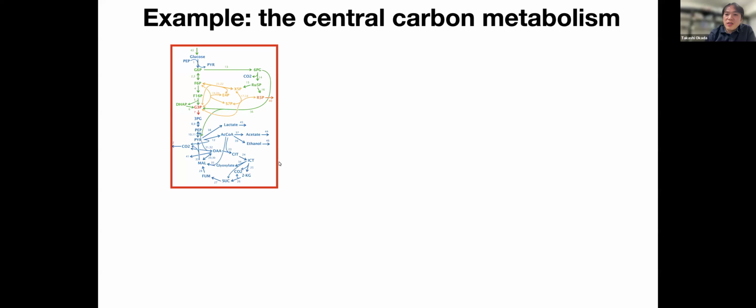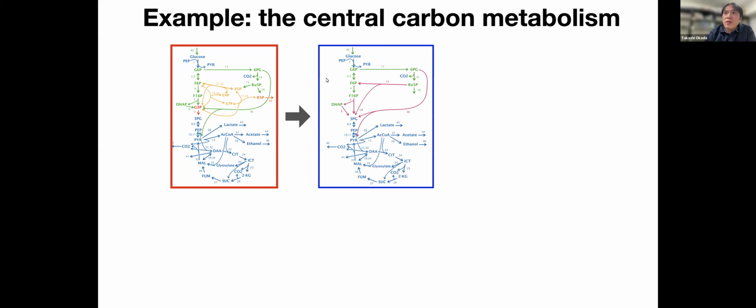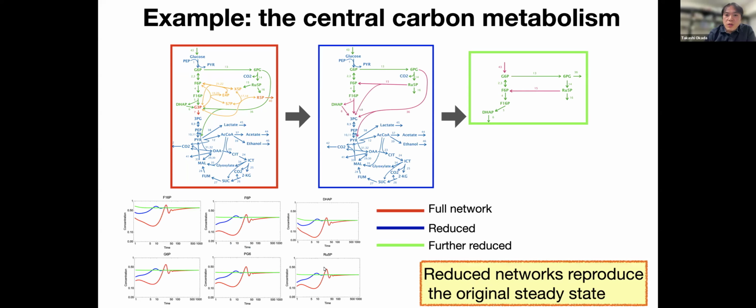And here we demonstrate this idea using a numerical simulation. Again, this is a network of central carbon metabolism. Suppose that we are interested in the green part of the network, the glycolysis. Then we can remove, for example, the yellow part, or we can further remove the TCA cycle, the blue part, and we finally obtain this simplified network. And here I demonstrate that these three networks converge to the same steady state values.